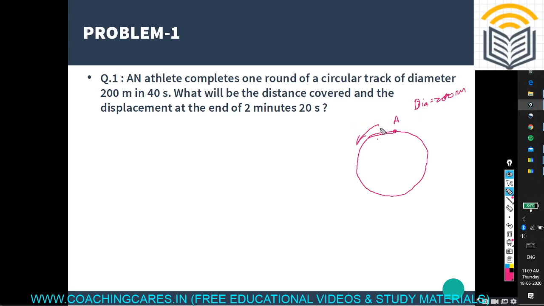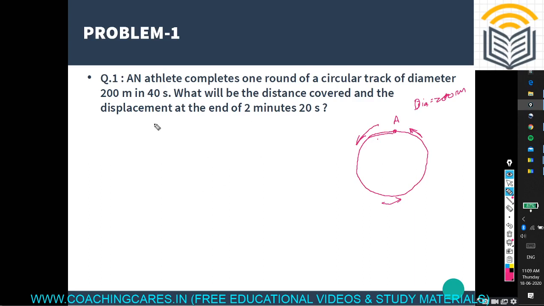So this athlete moves in this direction along this path, and completes one round, reaching the same position, in 40 seconds. So we have to calculate the distance and displacement covered in this.